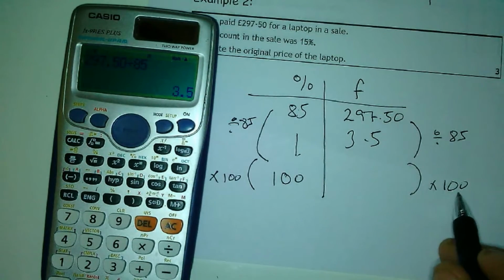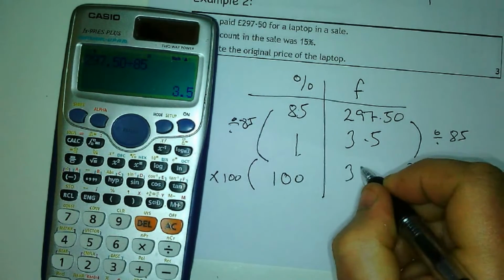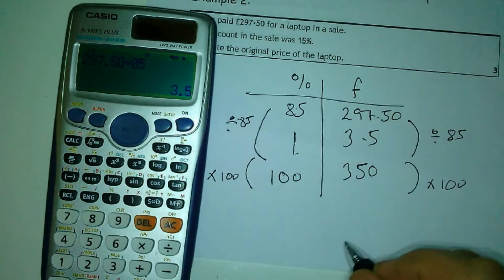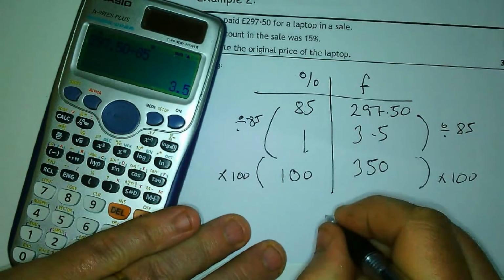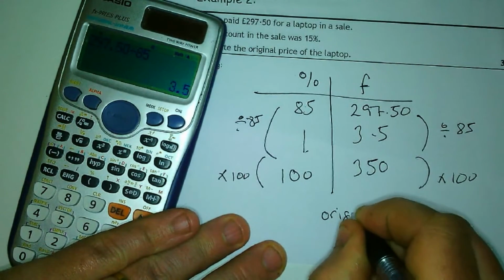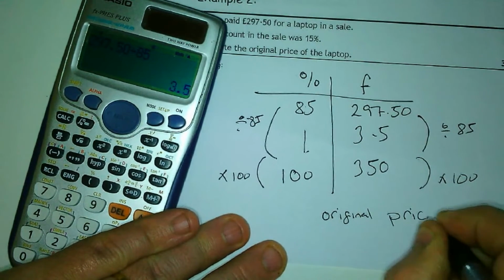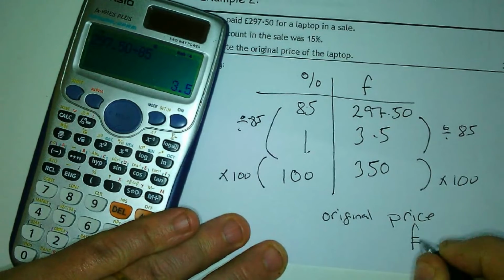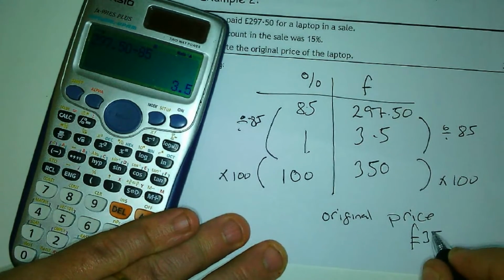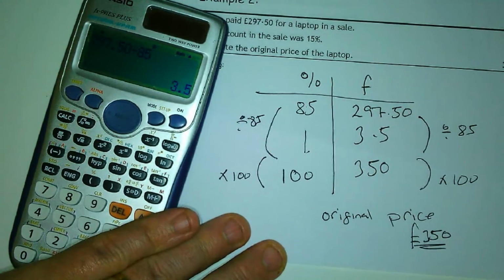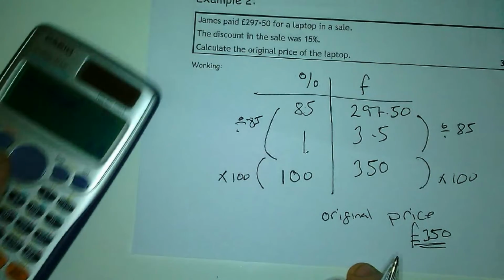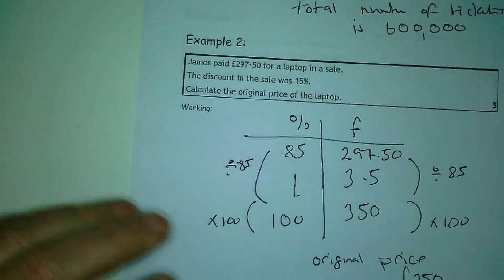Then I'm going to times it by 100, and so the original price was £350, because there's a one true value.